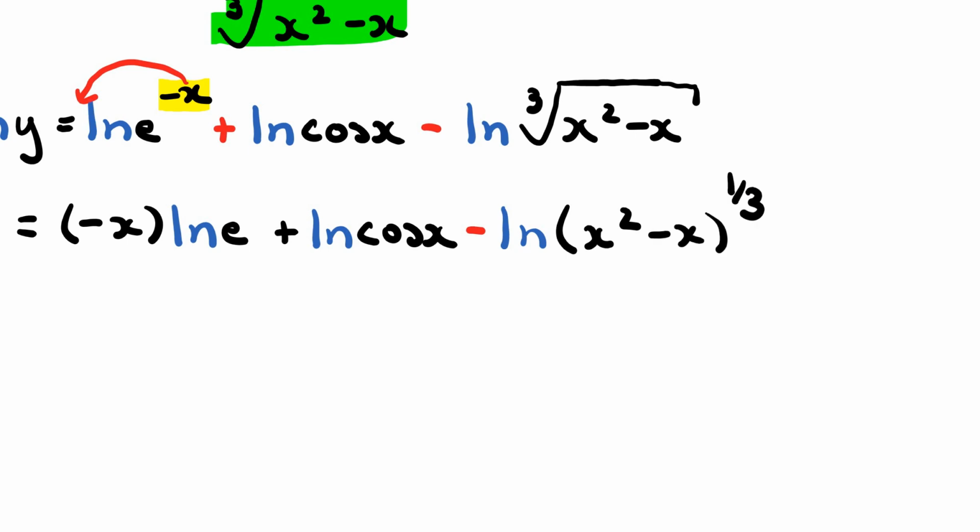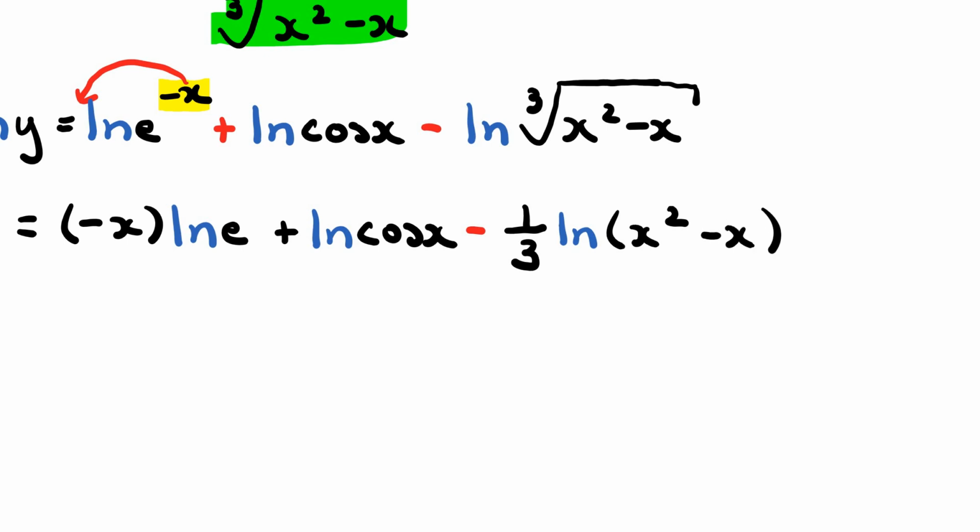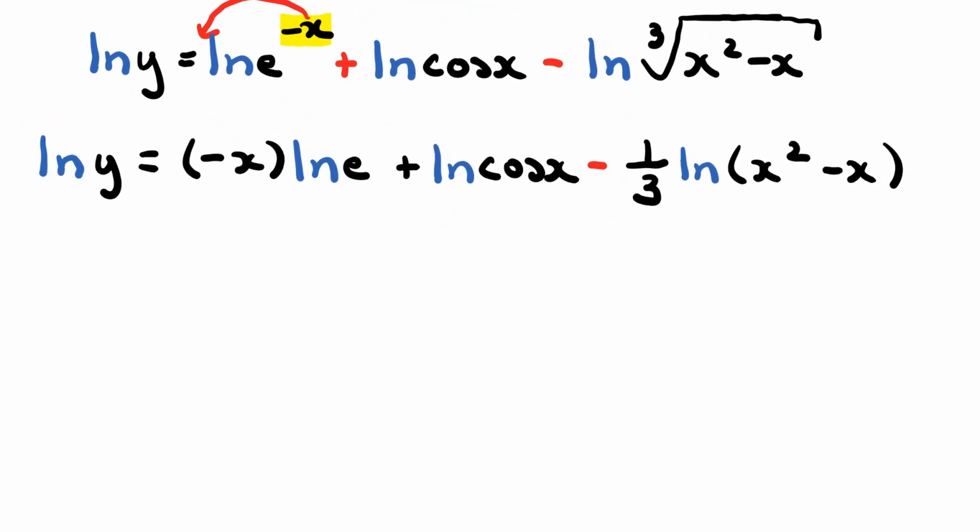Please don't write that step out just yet. This 1/3 we can also soccer kick to the front, so that's really 1/3 times ln of bracket x squared minus x. Let me erase this and write 1/3 times ln of bracket x squared minus x. There you go, that's what I have right there.